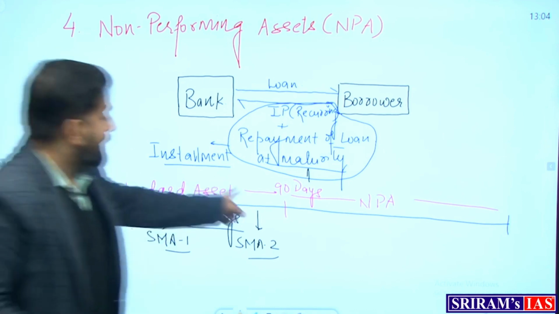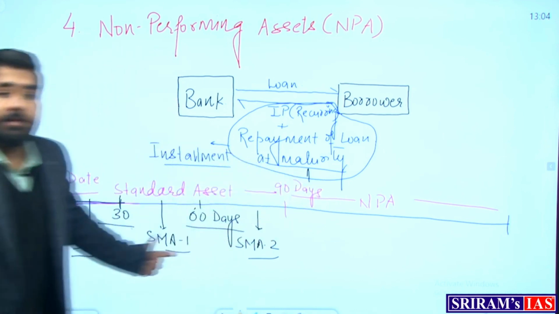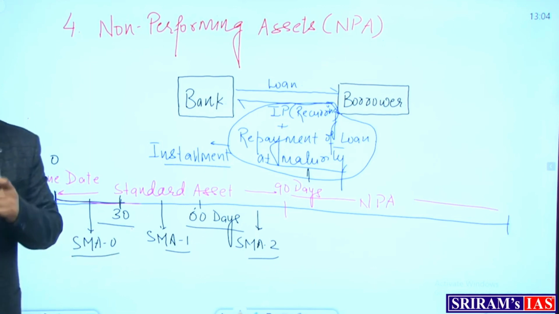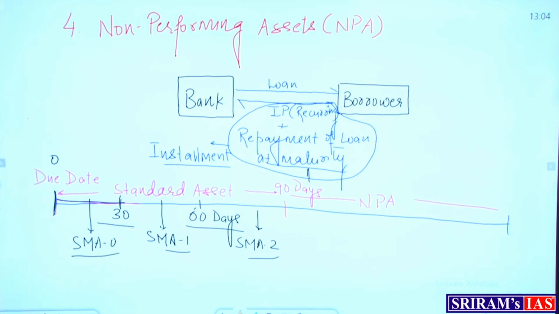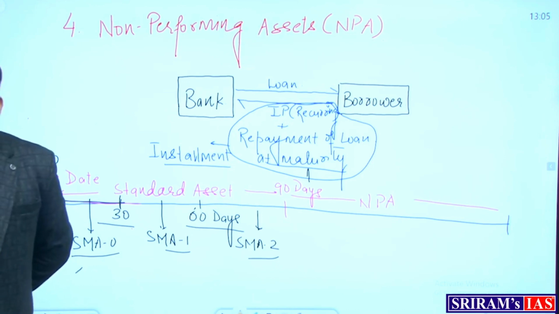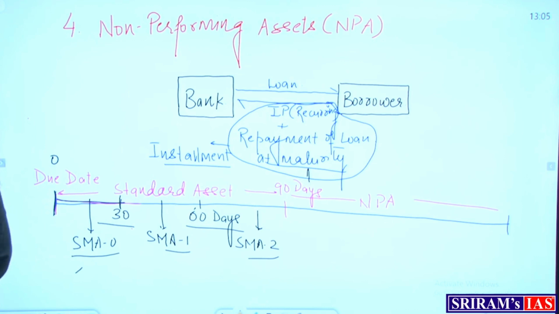Instead of taking measures after 90 days, this SMA classification helps to identify the risk associated with the assets and take corrective measures in the beginning before it turns into NPA. Because once it turns into NPA, another prudential regulation kicks in, known as the provisioning coverage ratio.